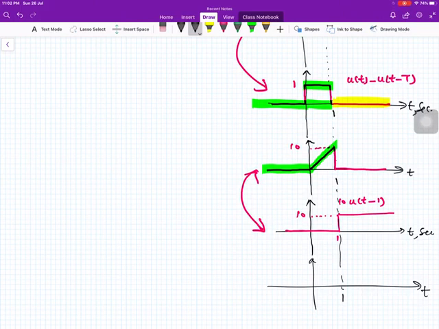so adding this and this, from minus infinity to 0, this is 0, this is 0, and this is also 0. And from t equal to 0 to 1, this is a line with the slope 10, and this is 0. So therefore, we have the same thing, and this is equal to 10.